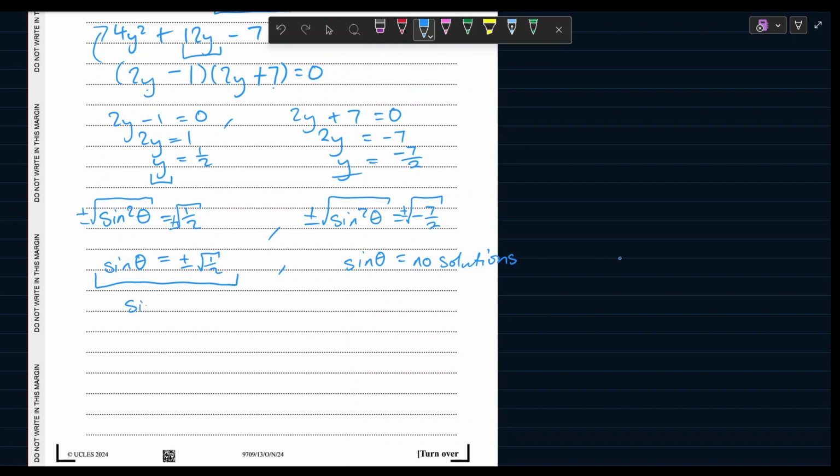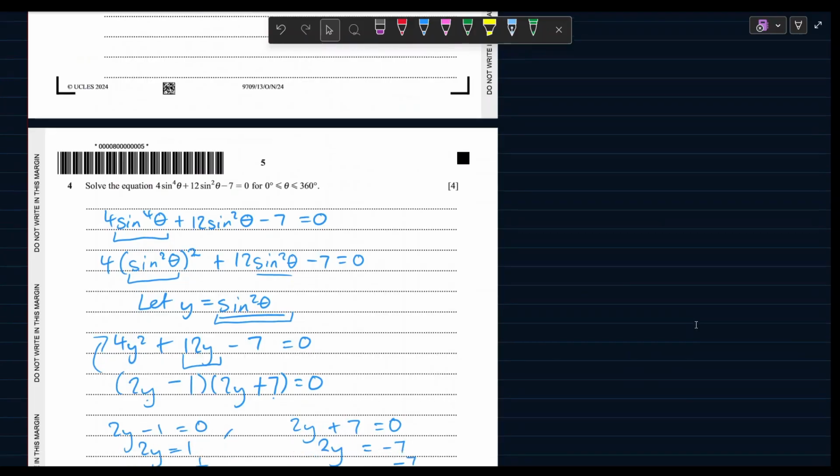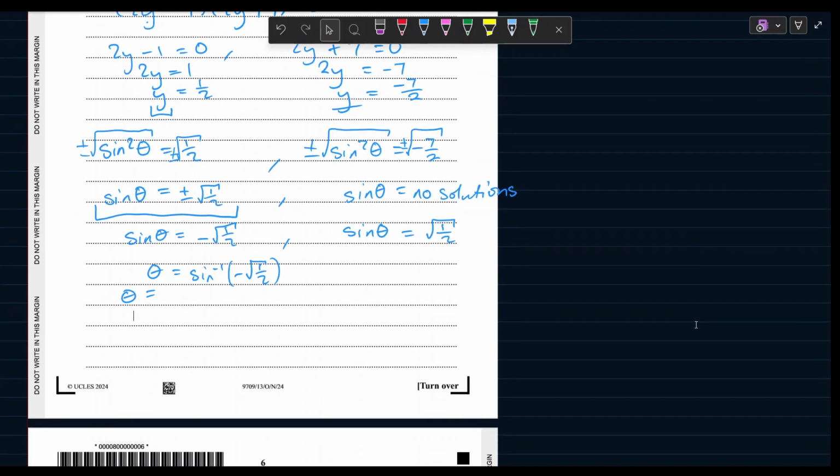So that sine theta is equal to negative root 1 over 2, and sine theta is equal to positive root 1 over 2. So theta is equal to arcsine of negative root 1 over 2, and theta is equal to, let's punch this into the calculator. Are we in degrees? Yes, we're in degrees, 0 to 360.